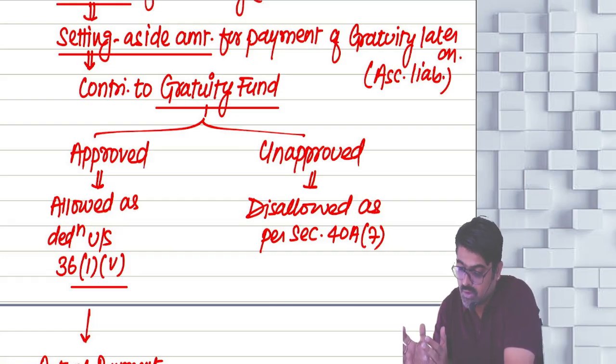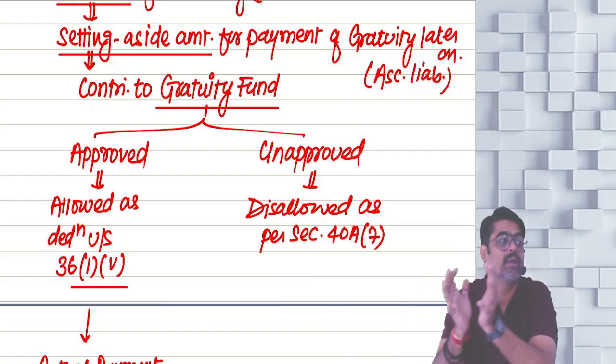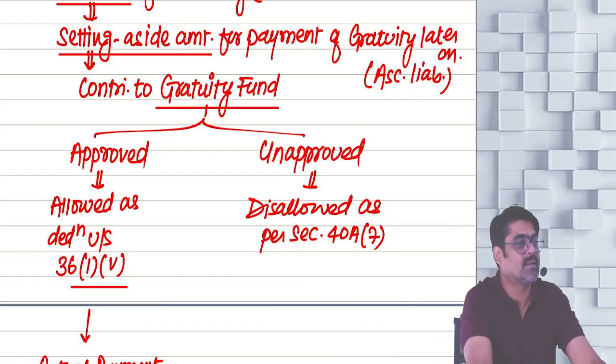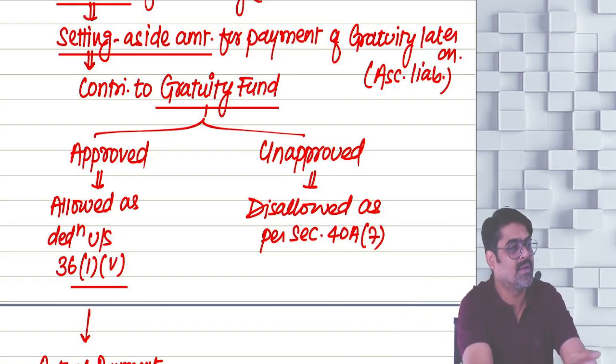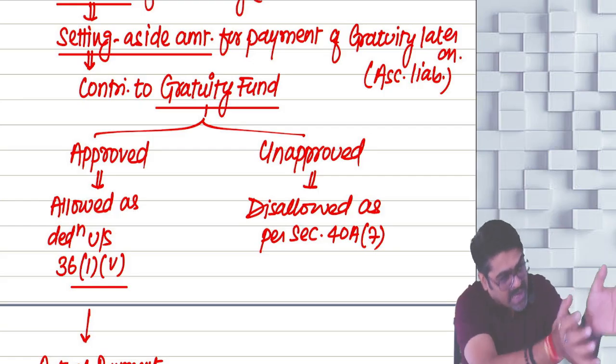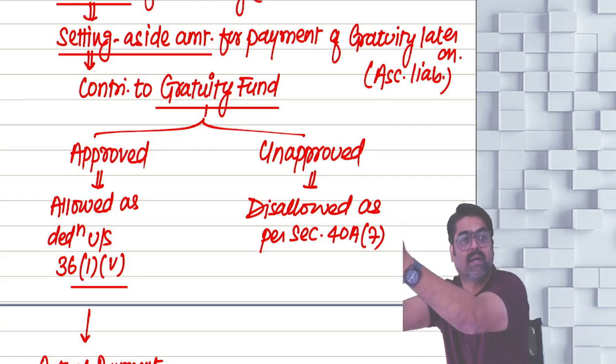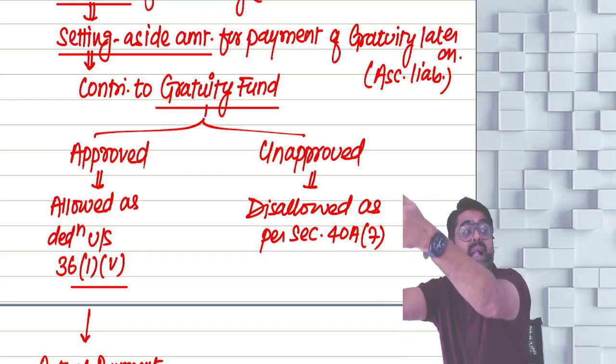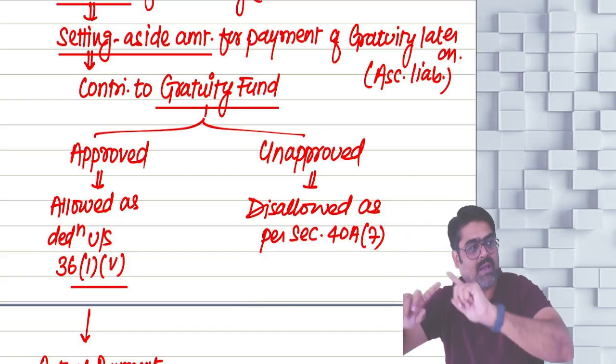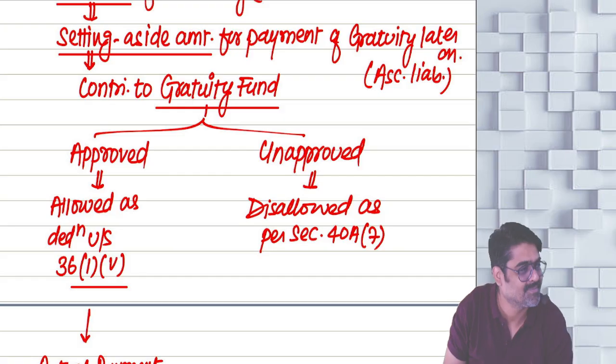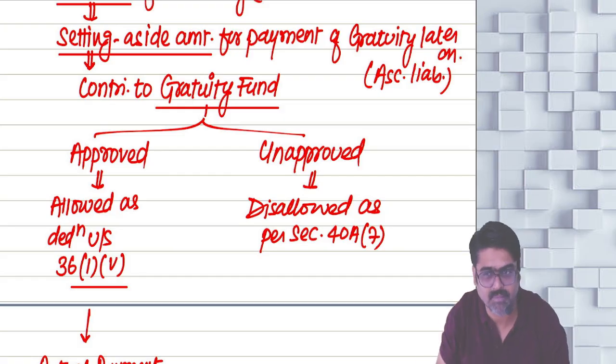So when you actually contributed the money, that amount was not allowed as a deduction, and now out of that amount in the future, if you pay the gratuity, that gratuity in that year will be your business expense. We will allow you as a deduction. So what is happening?